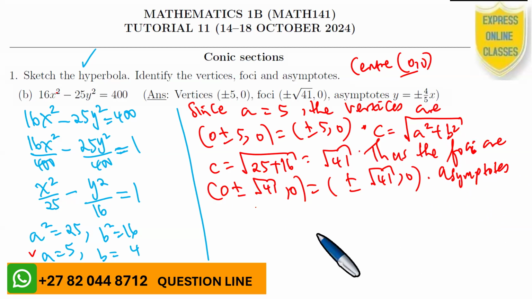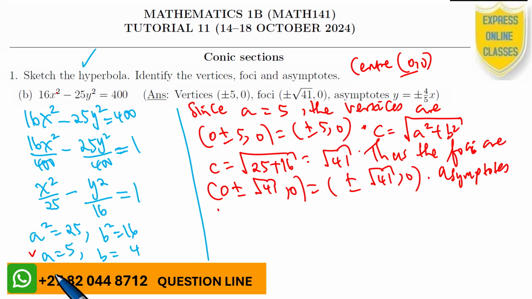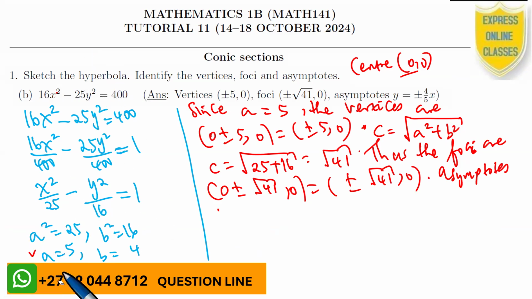To get the asymptotes, it's so easy. You can always memorize it's a over b, where a is on the positive. So the asymptote is going to be y, because a is on the positive, plus or minus this one, the a, which is 5.